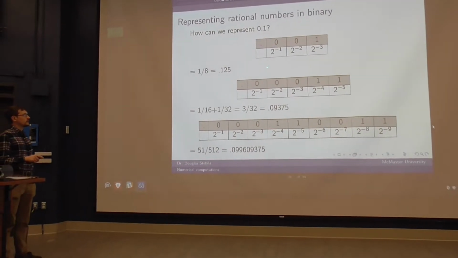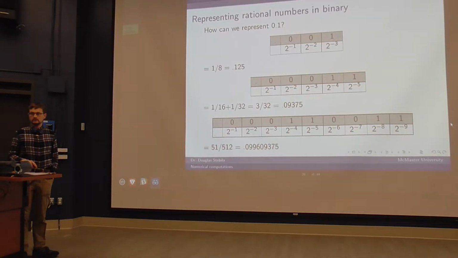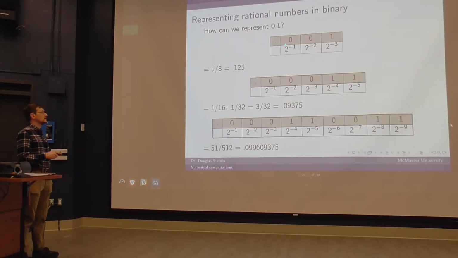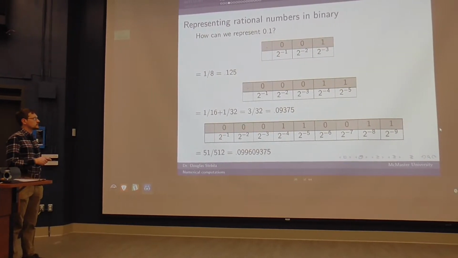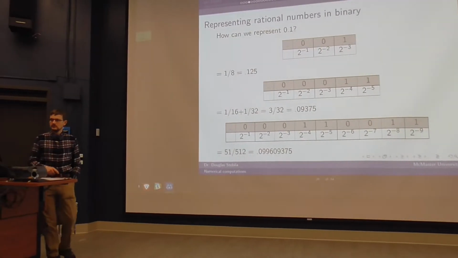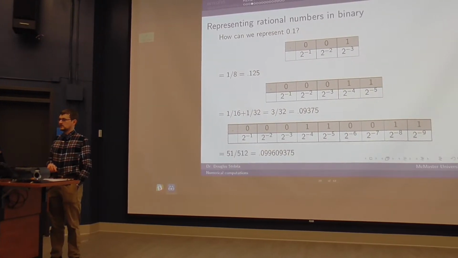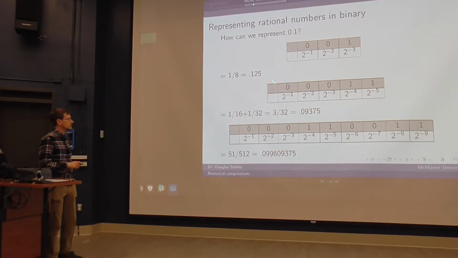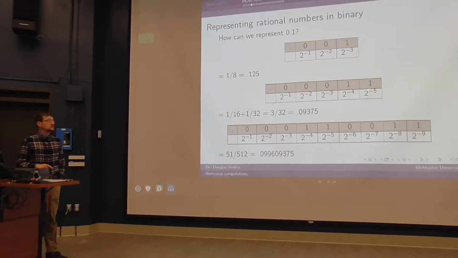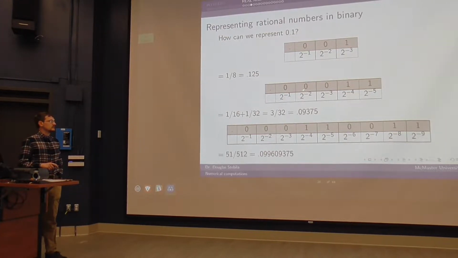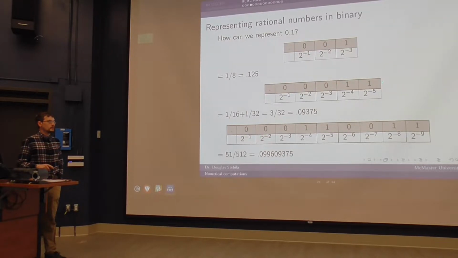If we had 3 bits to represent 0.1, the closest we come is 001, which is 1/8, which is 0.125. This is not a terribly good approximation of 0.1. Adding 2 extra bits, the closest we can come is 0.00011.